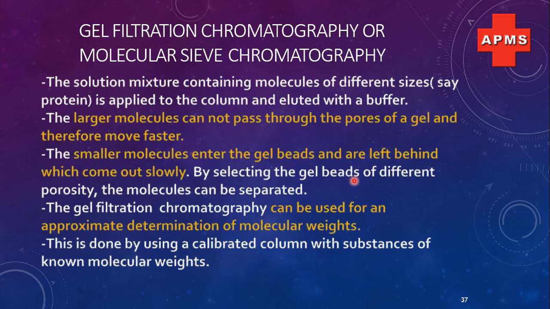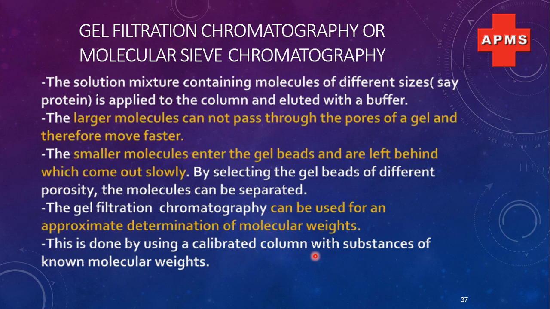By selecting gel beads of different porosity, the molecules can be separated. So according to our sample components, the polymer size or molecular weight, we can select gel beads of various porosity. Gel filtration chromatography can be used for an approximate determination of molecular weights.